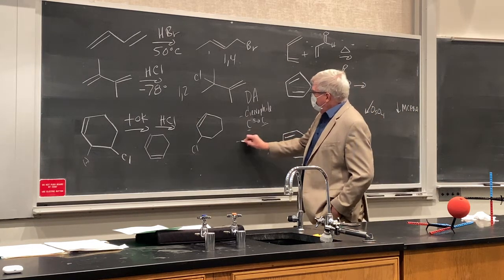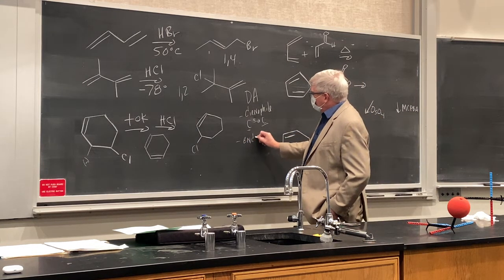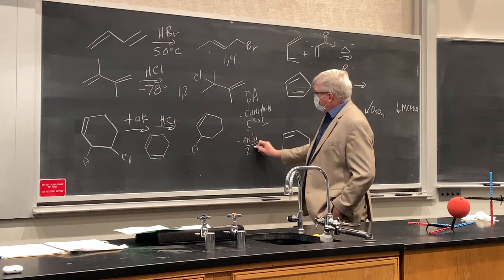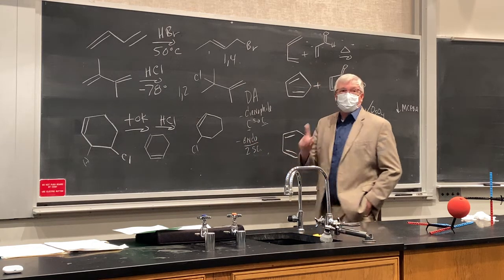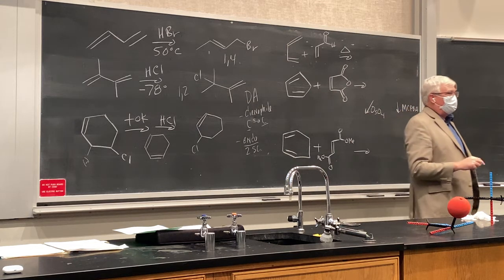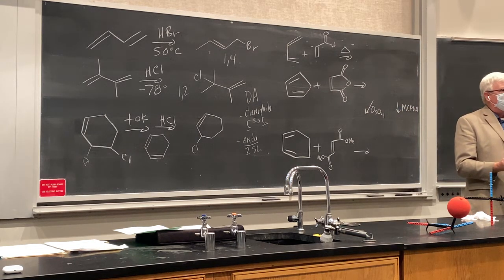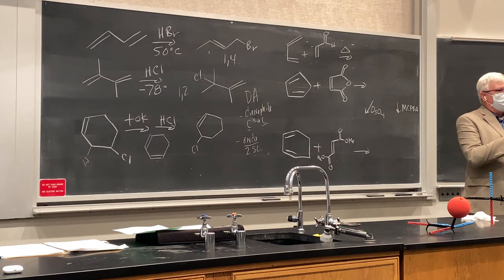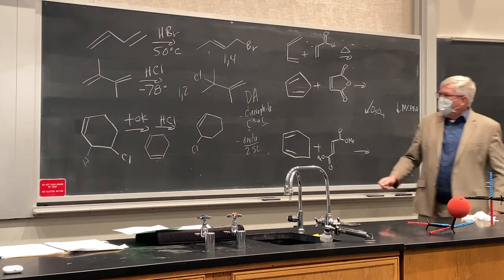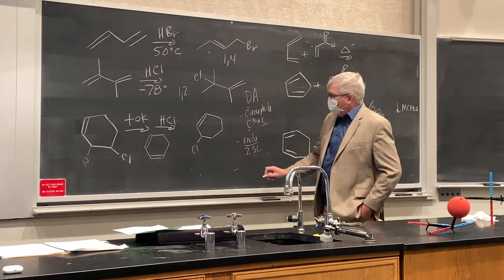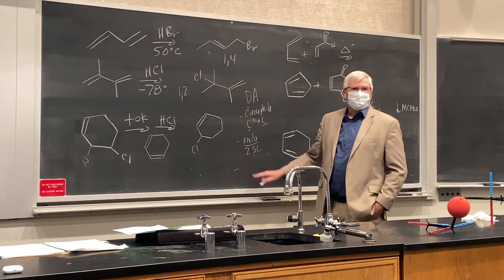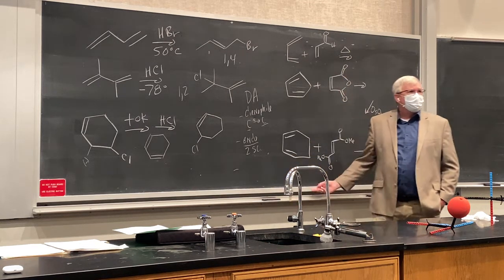And then the other key thing is the endo rule. Okay. And that's only if you have the 2 stereocenters, especially one at the allylic position also. And it's that relative stereochemical relationship between any stereochemistry coming from the dienophile and then on the diene at the allylic position, okay, that we need to worry about. And then today we'll get into the third aspect of the stereochemistry of the Diels-Alder reaction.